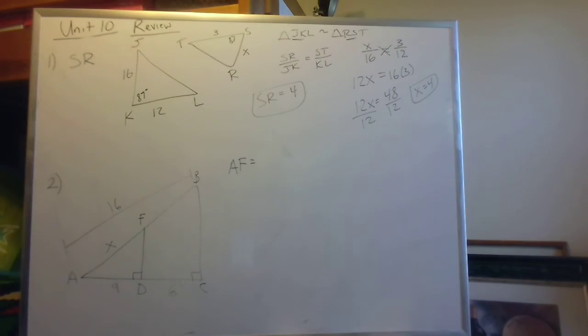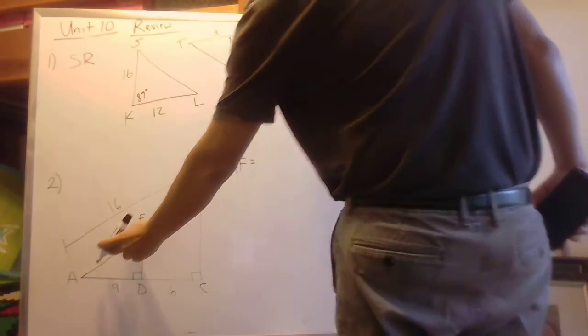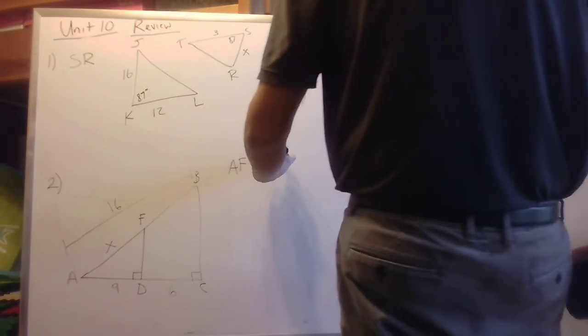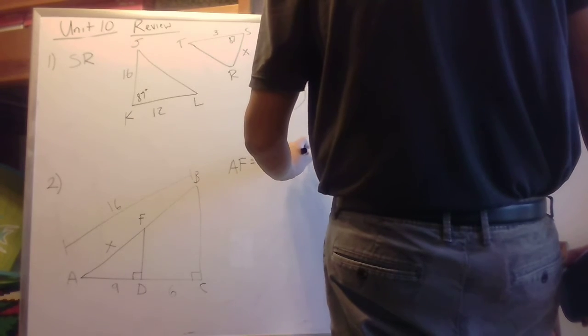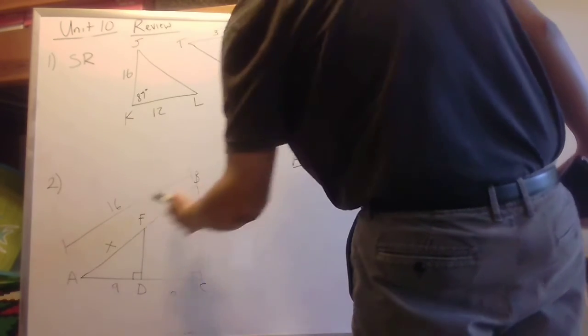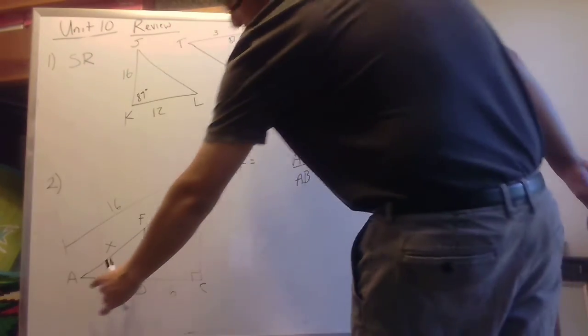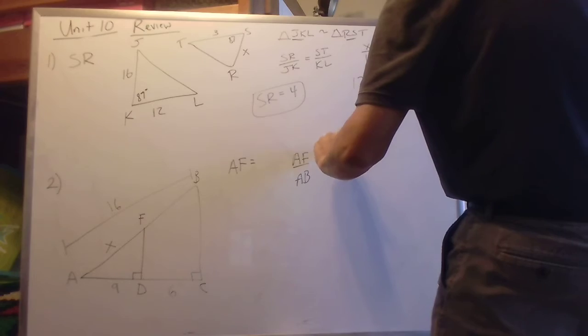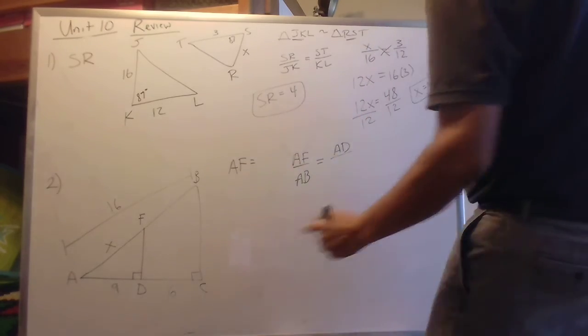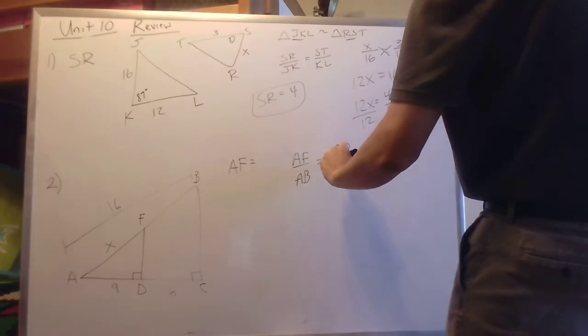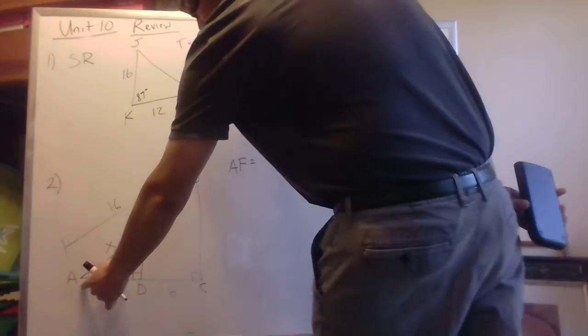So in order to do that, what we're going to have to do again is set up a proportion. And what we know is that for this smaller triangle, the proportion would be AF over the whole length of AB is equal to the proportion of AD, or the smaller triangle, over AC, the base of the larger triangle.